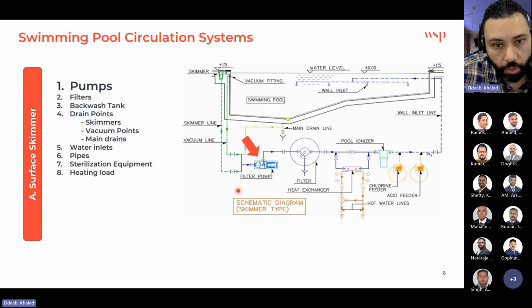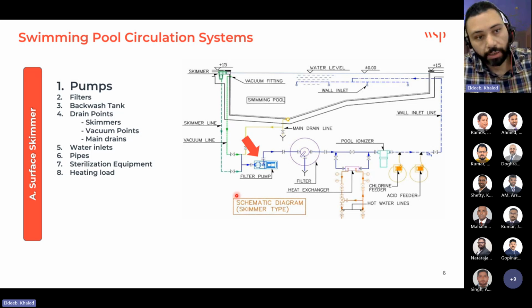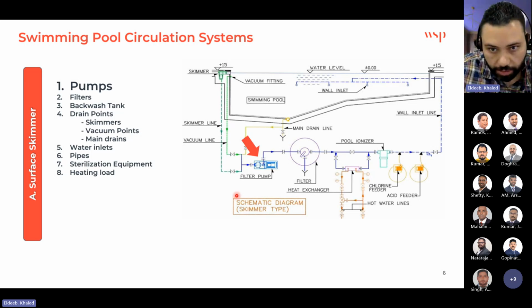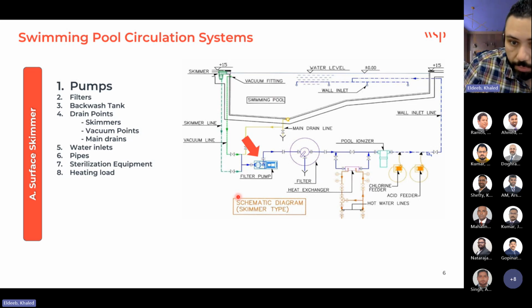Keep in mind that oversizing the pump can lead to energy waste and increased operational cost, while undersizing the pump may lead to inefficient filtration and inadequate circulation, which leads at the end to poor water quality. So the right sizing for pumps will help to maintain proper water circulation and filtration, and also help to ensure that we do correct sizing for the remaining system.